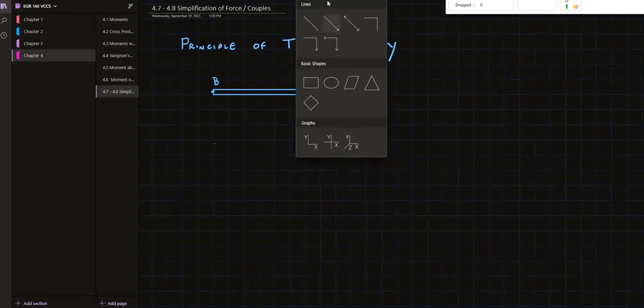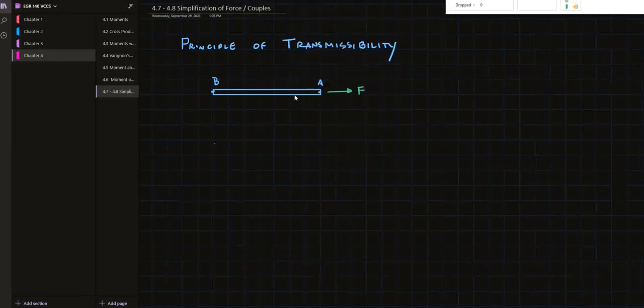Well, I could come down here and sketch this bar again. Let's keep it blue, and put our force back in.